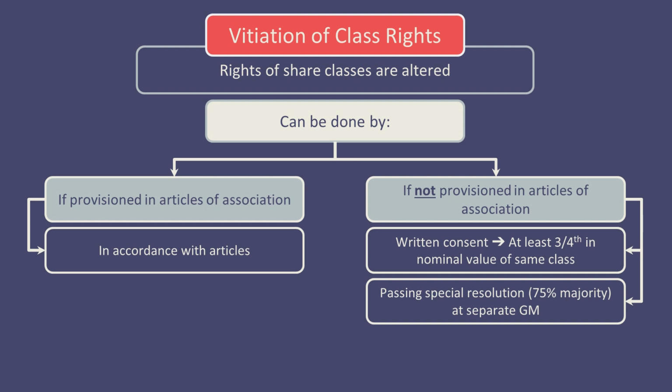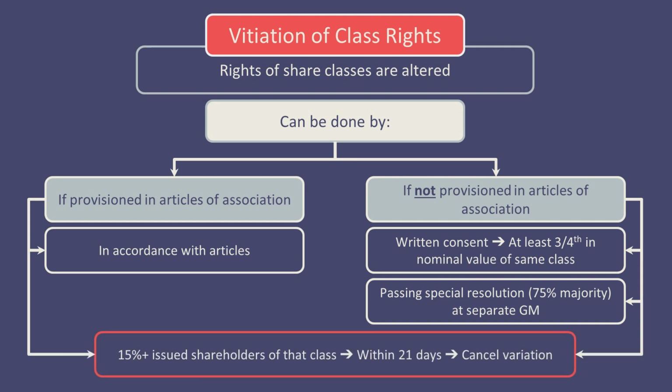But if no less than 15% of the issued shareholders of that class are unhappy, so they didn't consent or they didn't vote, they can apply to the courts to have that variation cancelled within 21 days of passing the resolution.